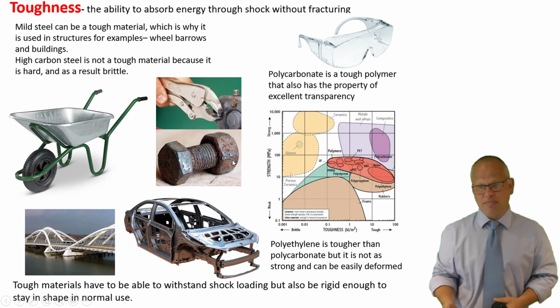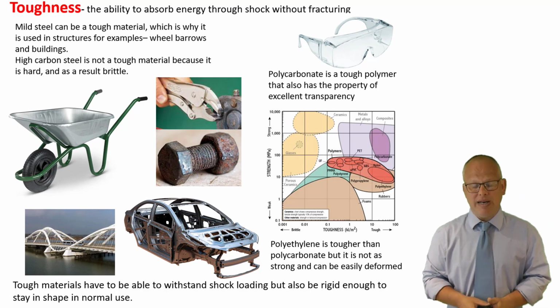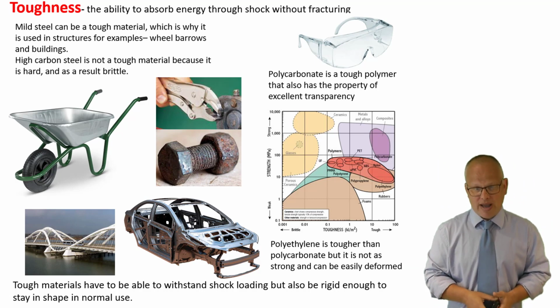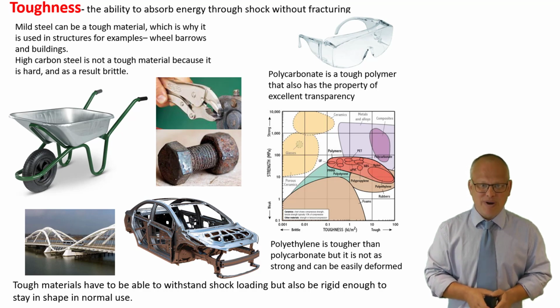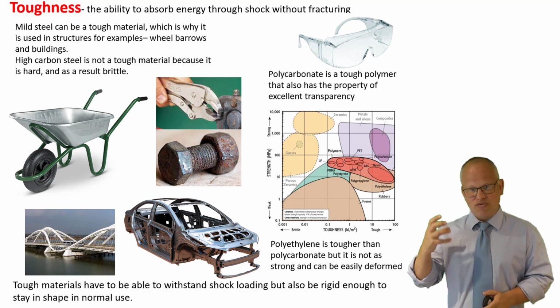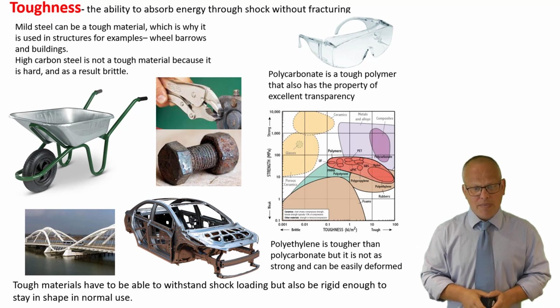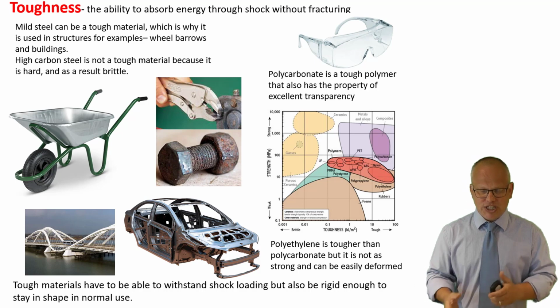Toughness. Now toughness, a bit like being strong, is one of those words we use all the time. Toughness is actually the ability to take a knock without fracturing. Mild steel is a really tough material. I know I keep going on about it, but it's a really good example of a tough material. Polycarbonate is another really tough material. These are materials that are used where they're often going to come into contact with some quite challenging conditions.